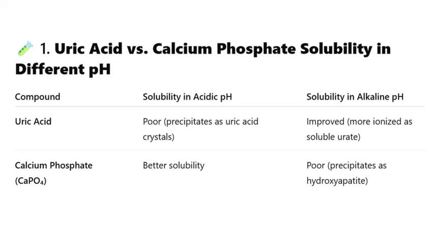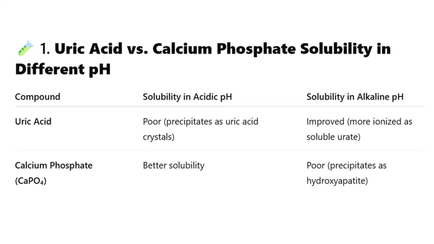When the pH drops below 5.4, more uric acid stays in its neutral form, which is less soluble and can lead to precipitation.